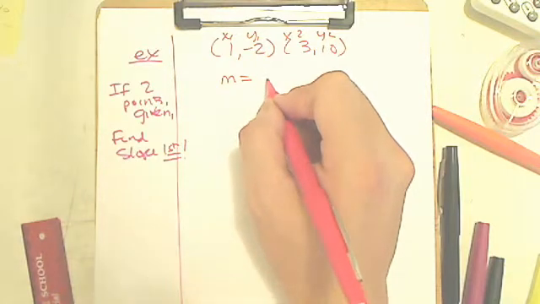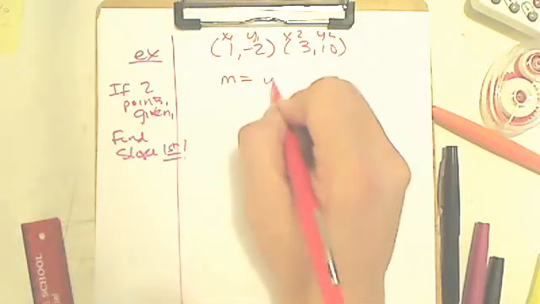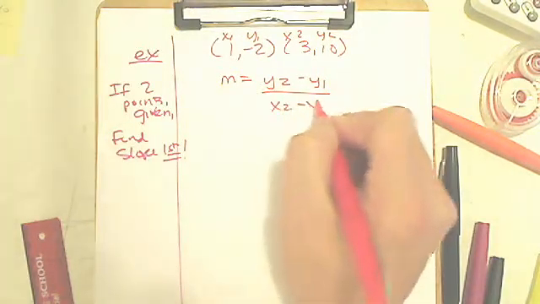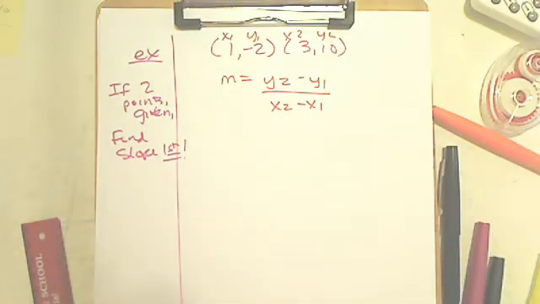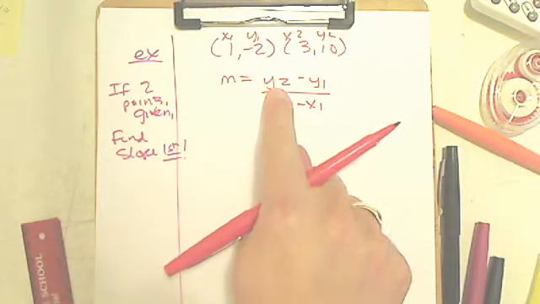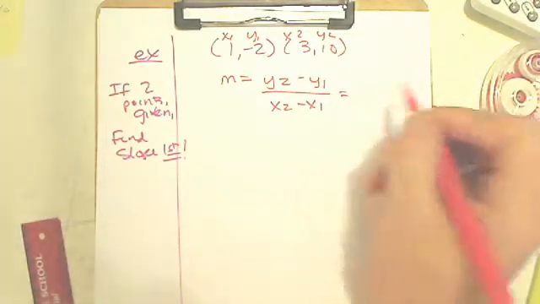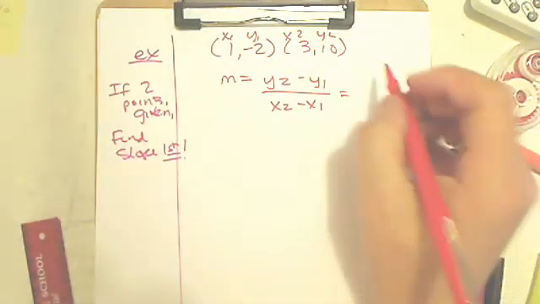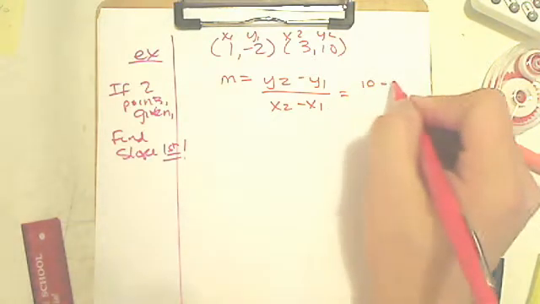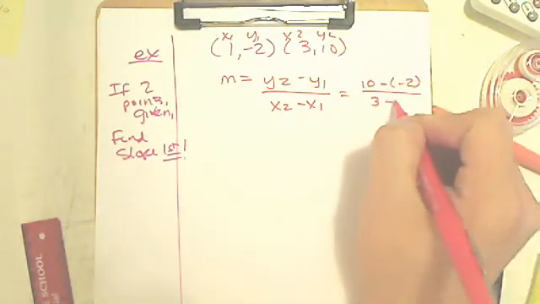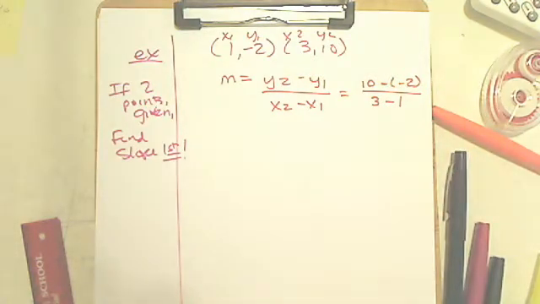Help her out. y2 minus y1 over x2 minus x1. Excellent. Now we can substitute in: 10 minus negative 2 over 3 minus 1.